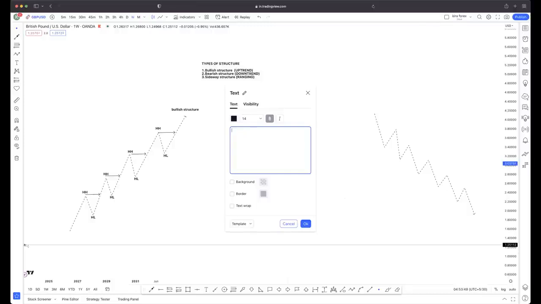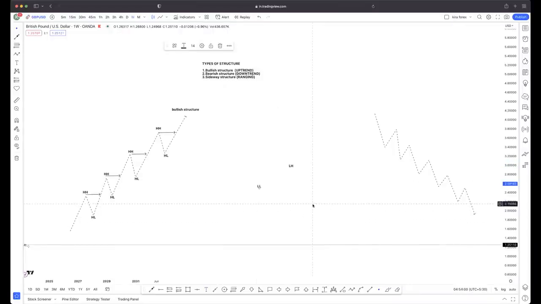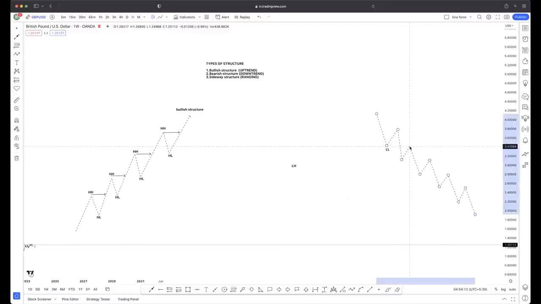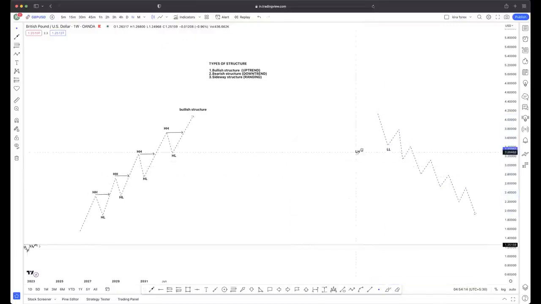Like I said, I'll keep repeating it. Structure is the king. Structure tells you what the market is saying, or what price is saying. If you are able to identify your structure, then you know where to enter your trade and where to exit your trades.